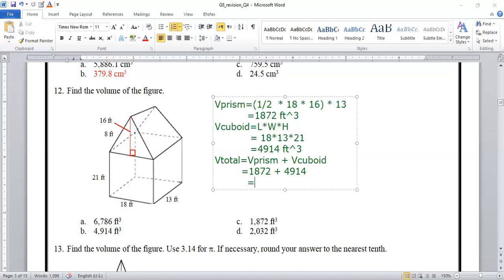Okay, the answer will be 6,786 feet cubed. The answer is number A. So the total volume is number A.